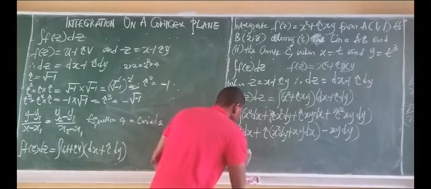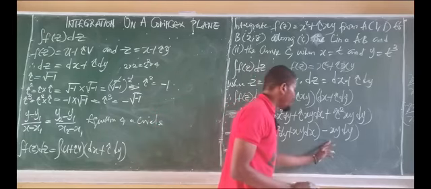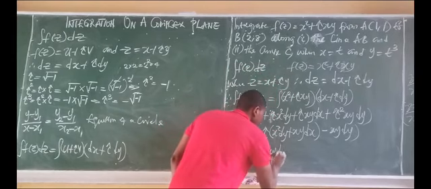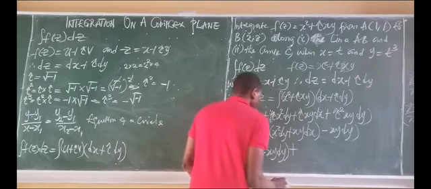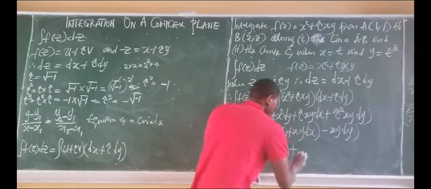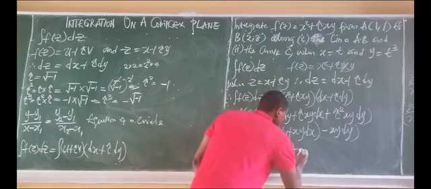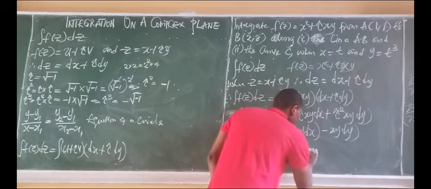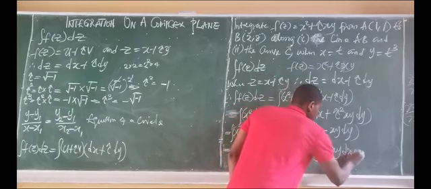x squared dx. I have x squared dx. I also have minus xy dy. So these are the real parts, plus also I have the imaginary parts. So the integral is for all, so plus i into x squared dy plus xy dx.